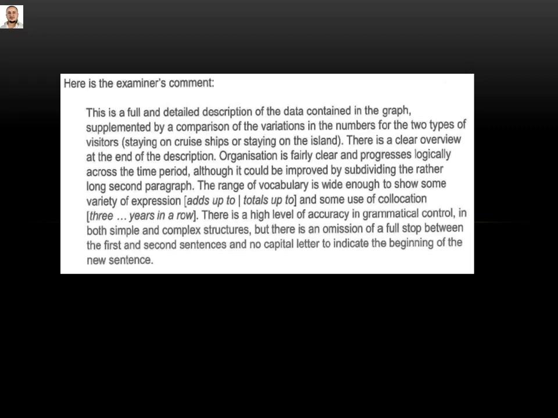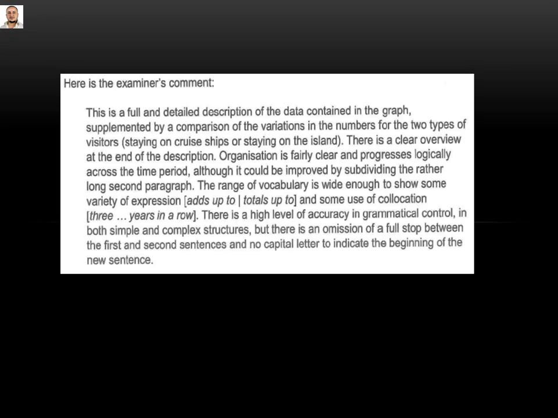The range of vocabulary is wide enough to show some variety of expression, adds up to, and totals up to, and some use of collocation, three years in a row.